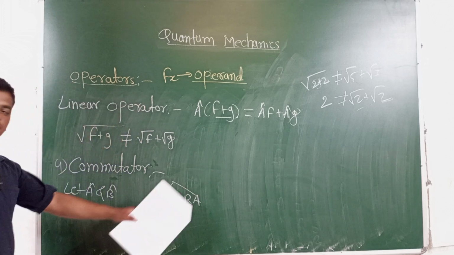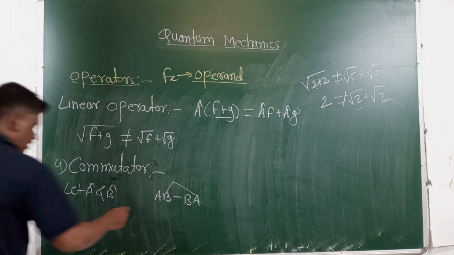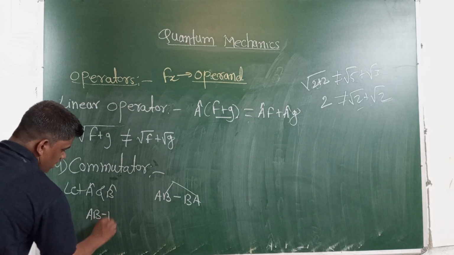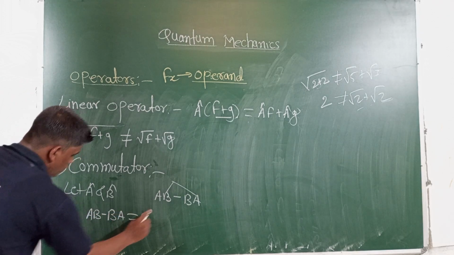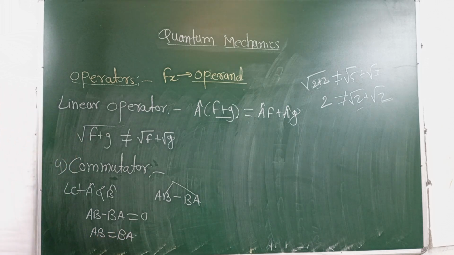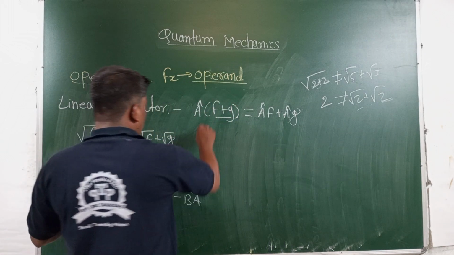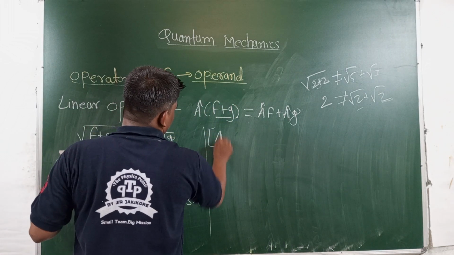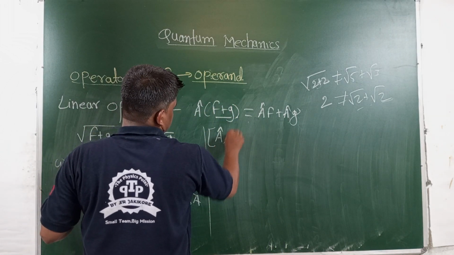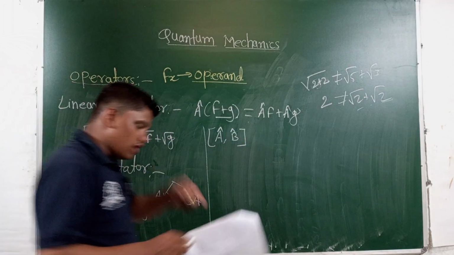This is a separate operator. If AB minus BA is equal to 0, or AB is equal to BA, they are called commutators of each other, or also called the zero operator, and they are denoted in square brackets. This is all about the commutators.